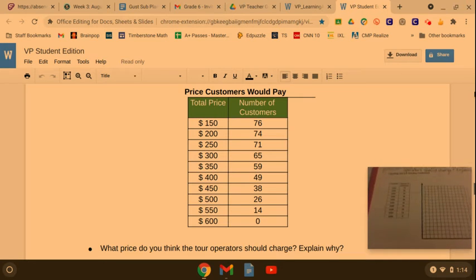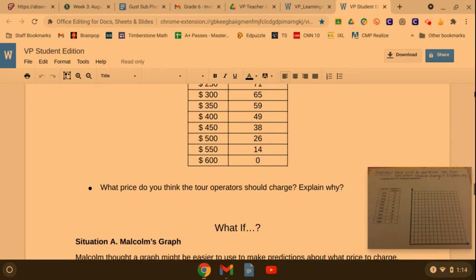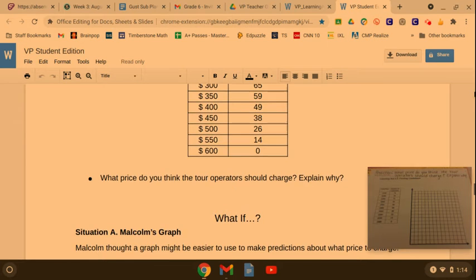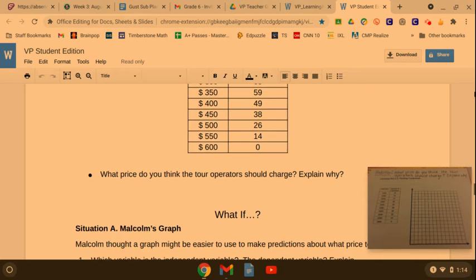Okay, so hopefully you've had a minute to think about your prediction. And I know the screen is smaller here, but it still has your table on it. And then it's asking you to take a look at your table and make a graph. Okay? So your book page is saying, Malcolm thought a graph might be easier to use to make a prediction about what price to charge.